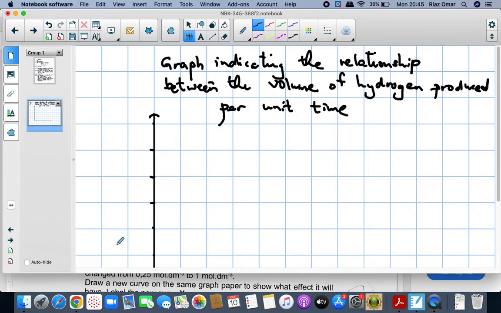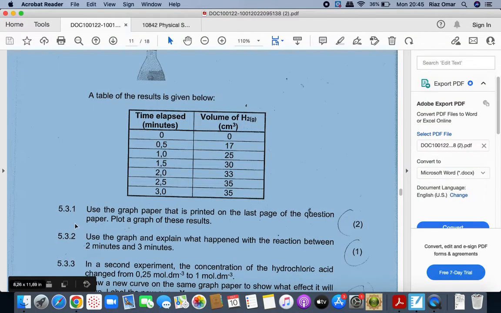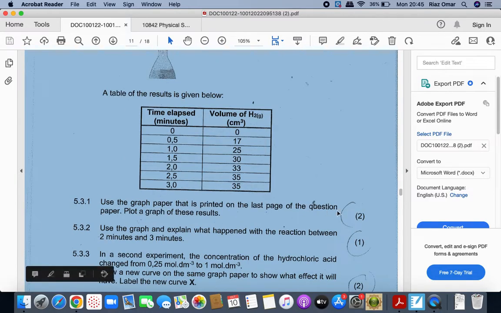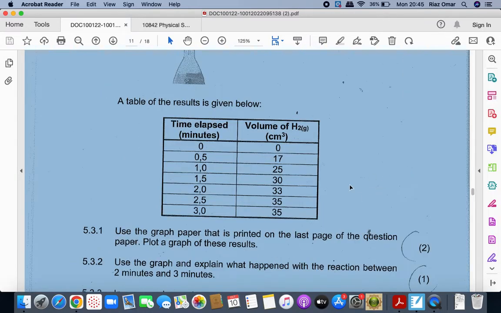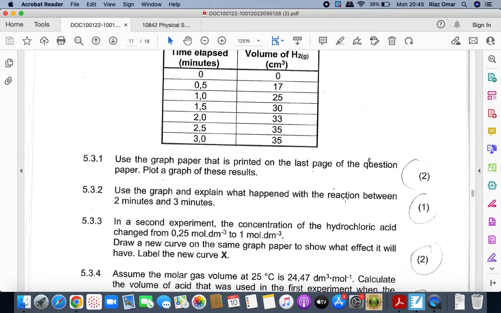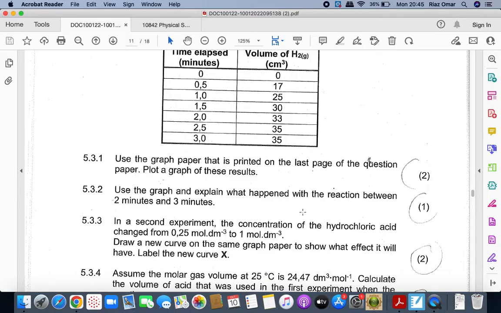In our question we see that it didn't give many marks for the graph that is supposed to be plotted, but we'll just do it in a little more detail.